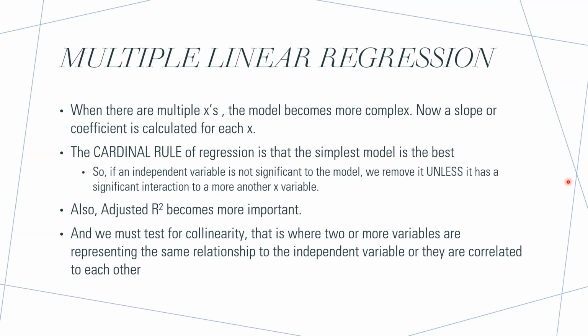And we want to do those one at a time and rerun our regression until we finally have the simplest model that has the best adjusted R-square that explains our relationship. And again, adjusted R-squared is the one that you're looking at now.